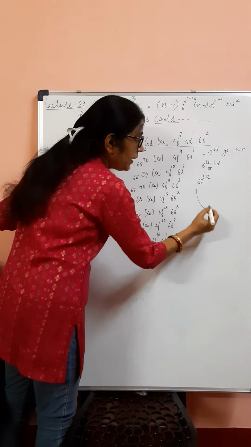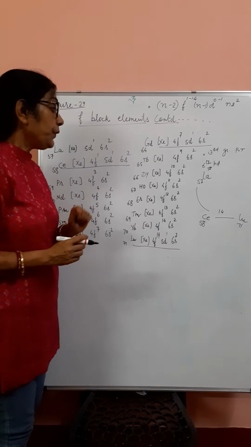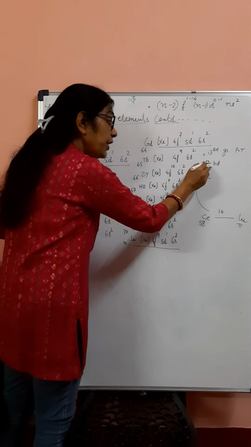So here you can see cerium 4f1 to lutetium 4f14, and sixth period lanthanum, then cerium to lutetium, and the seventh period is in the same group, that is the third group.